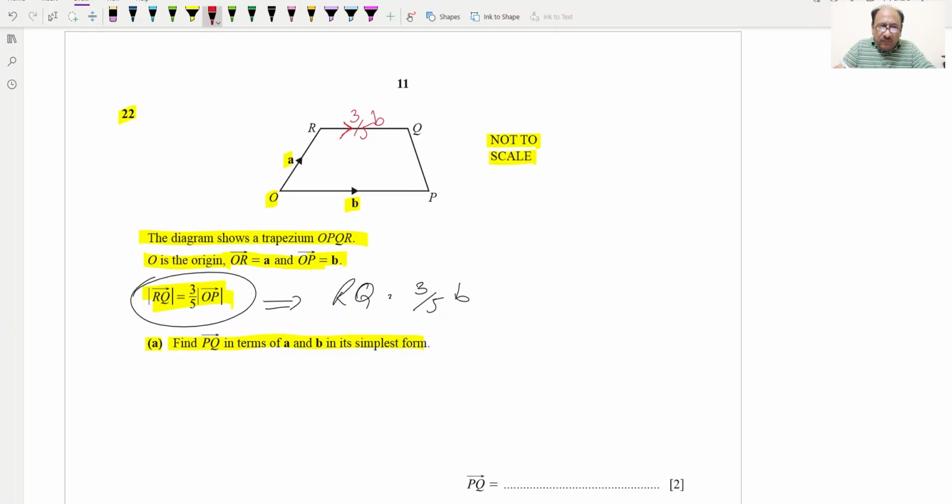Now we can find PQ, which will be in this direction, and we need to decide which route to take. We'll take this direction, then this direction, then this direction.